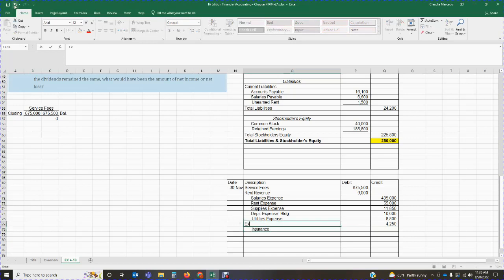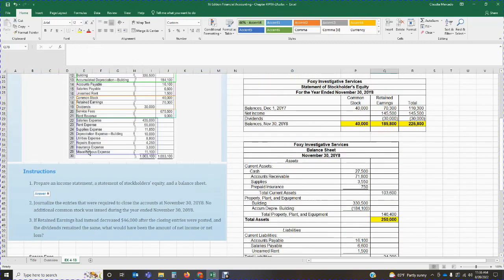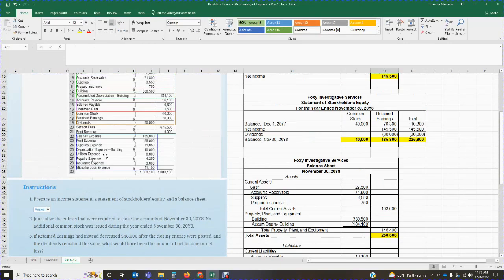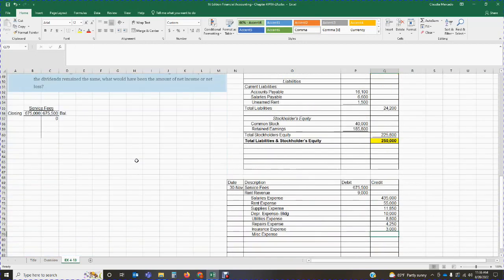Oh, sorry about that. Insurance expense. So my insurance is 3,000. And then we have miscellaneous expense. Miscellaneous expense is 11,100. Okay. And it says that we're going to transfer the difference into our retained earnings.